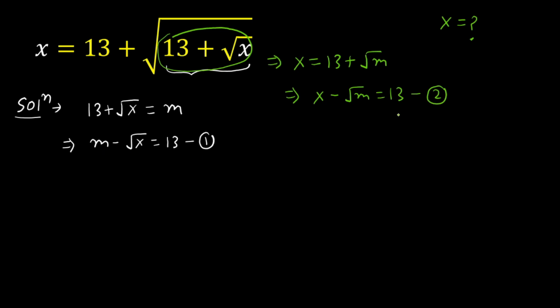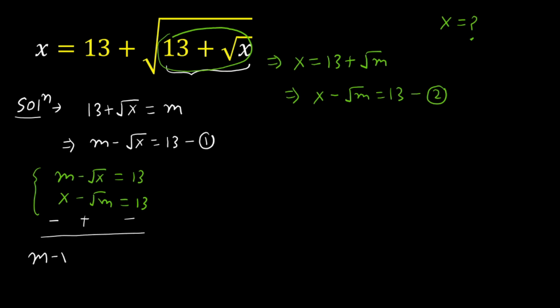Now if we subtract equation number second from first, then m minus square root of x is equal to 13, and x minus square root of m is equal to 13. Now minus plus minus. On the left hand side we have m minus x minus square root of x plus square root of m, and this is equal to 0.